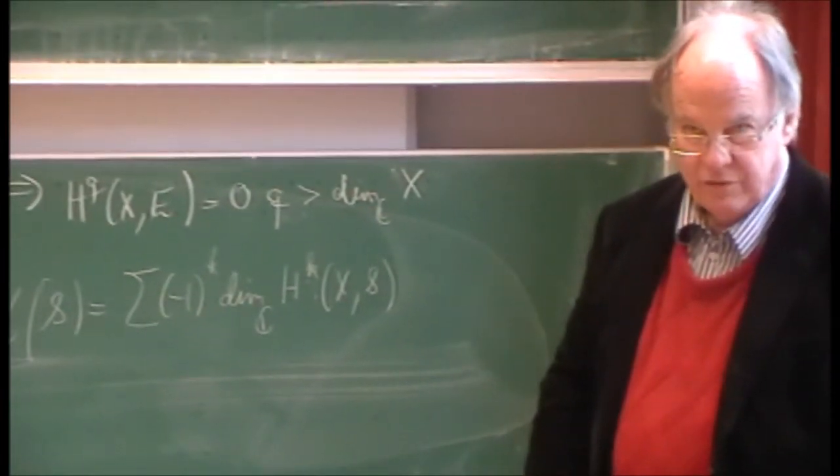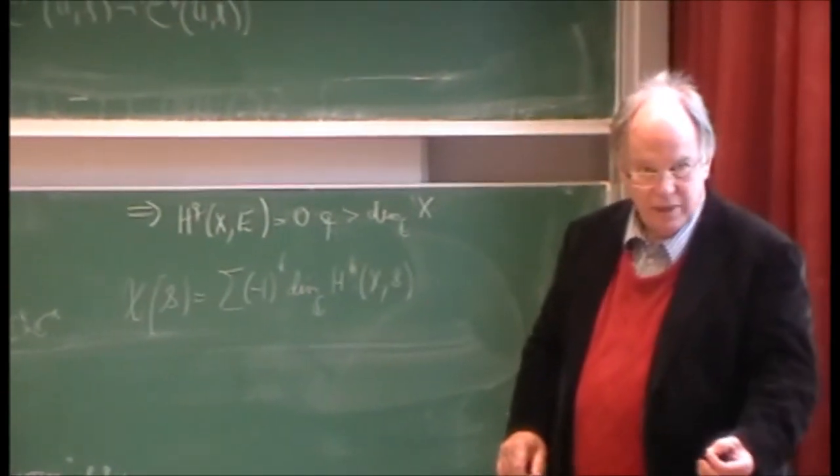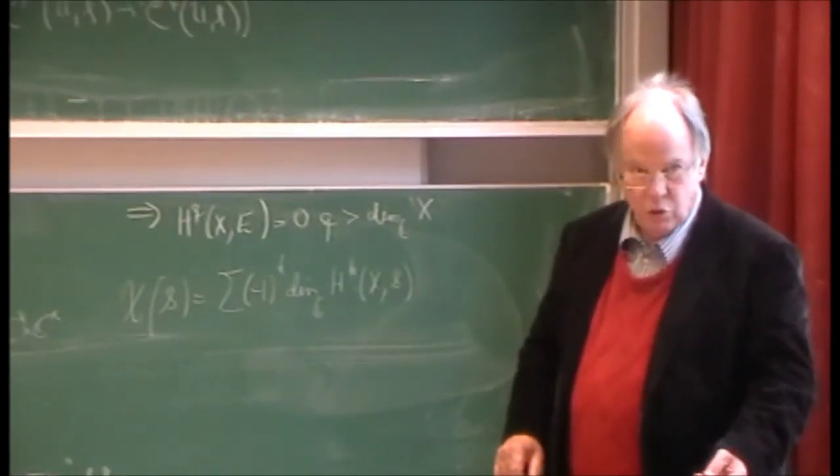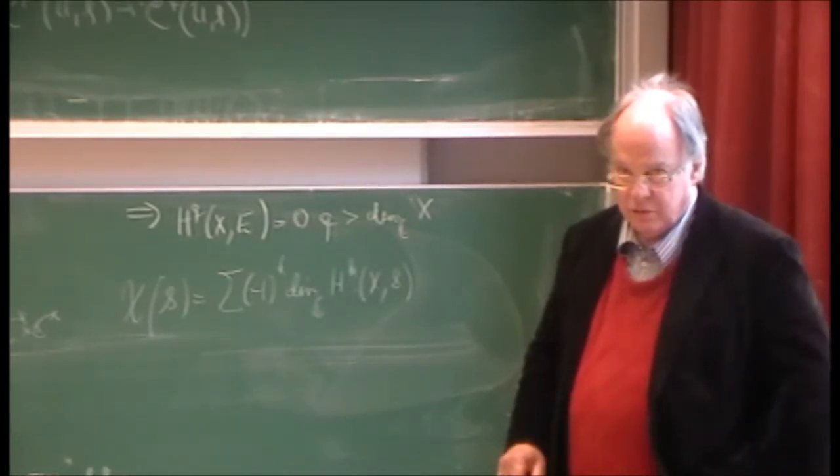Okay. In the case of a topological sheaf, for the constants, for example, this is the alternating sum of the Betti numbers, which is the topological Euler characteristic. So this makes sense to call this the Euler characteristic.